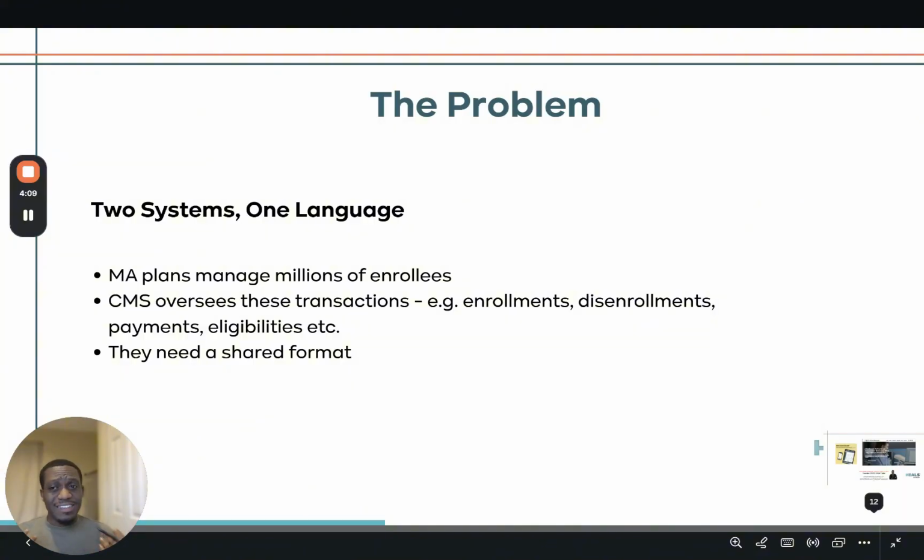Just think of it as a cell phone communicating between them, with messages being shared back and forth so that there is interoperability, and each one understands each other. It is the key resource each plan needs to know as they communicate with CMS, and CMS communicates with them.